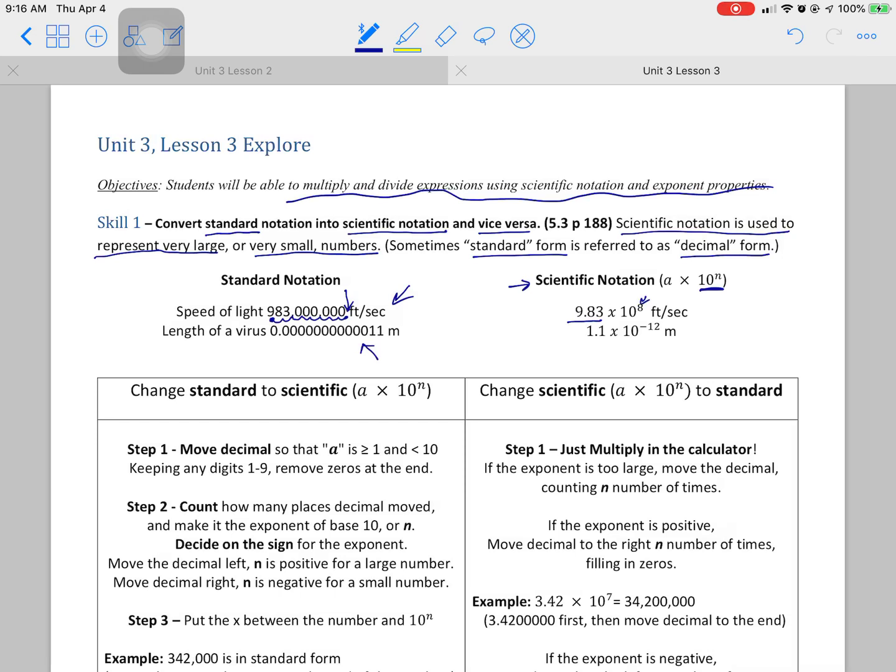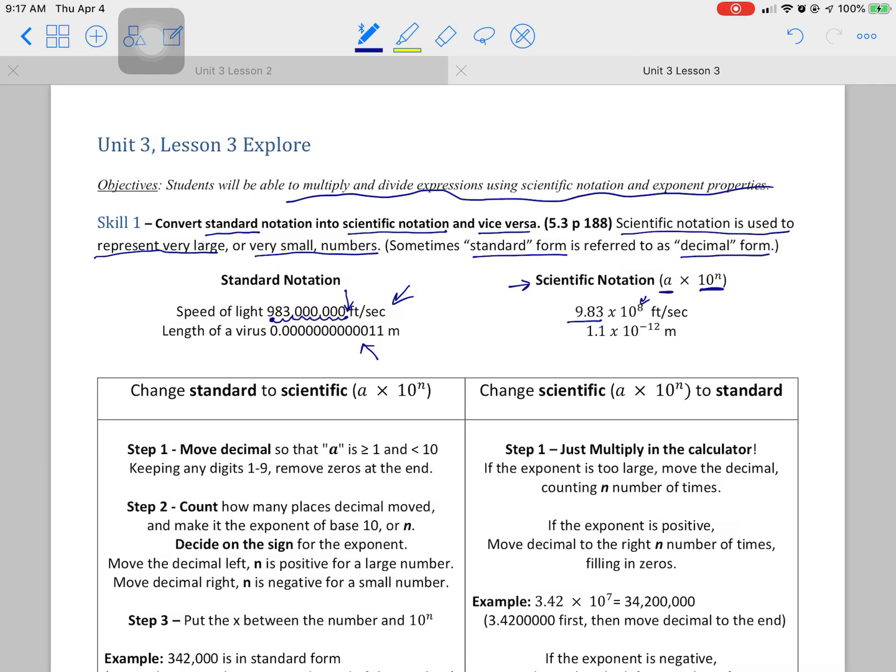So scientific notation has this number here times 10 to the n power. So whatever number of hops you made to get the decimal with one number on the left side.